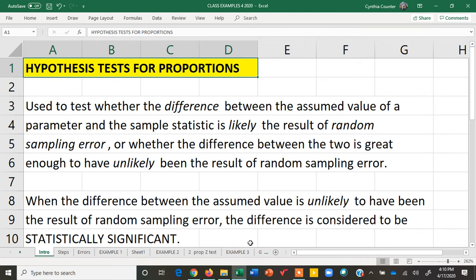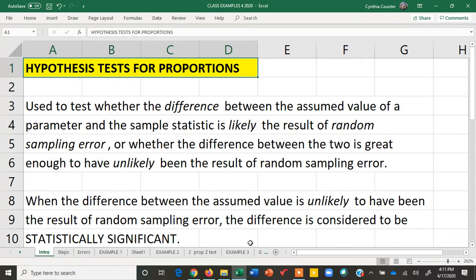In this video, I am going to review the steps for a hypothesis test for one proportion and then go through a couple of examples. So remember that a hypothesis test is used to test whether the difference between the assumed value of a parameter and your sample statistic is likely the result of random sampling error or unlikely the result of random sampling error.